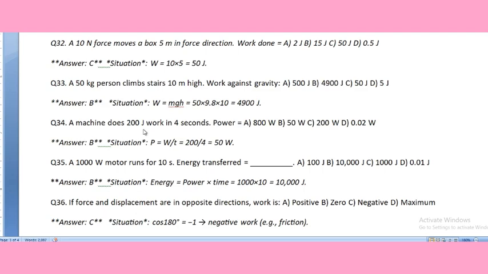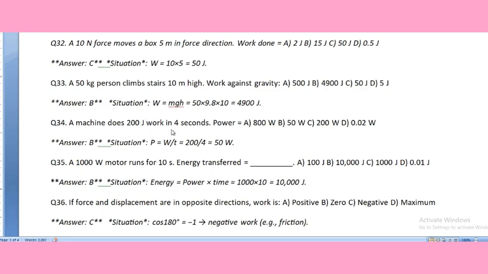Going to the next question, question number 34. A machine does 200 joule of work in 4 seconds. Power is equal to what? Choice A 800, choice B 50 watt, choice C 200 watt, choice D 0.2 watts.